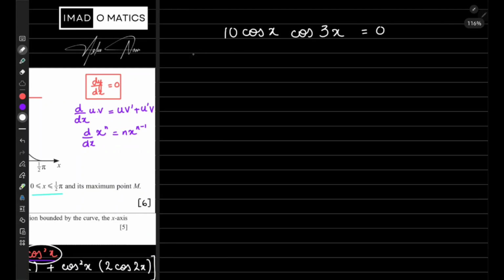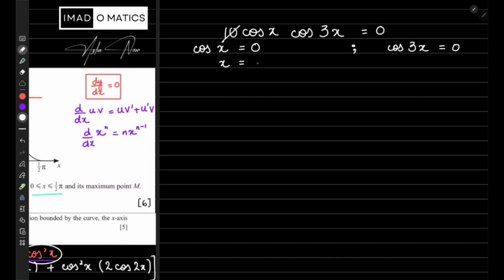Now this implies either this 10 will be shifted to the other side and it will be 0. You can do that with the constant numbers but not with the sine, cosine or x. So either cos x equals 0 or cos 3x equals 0.